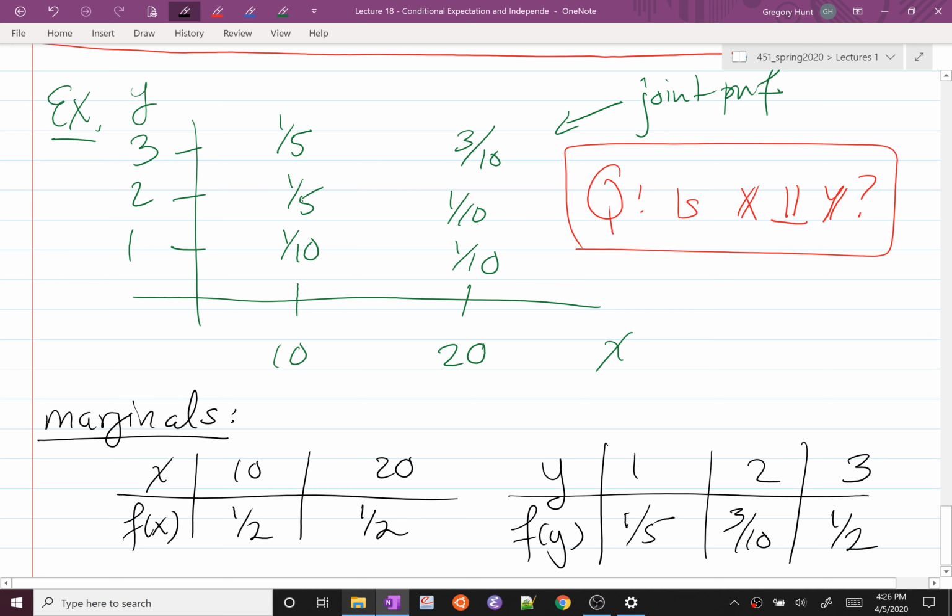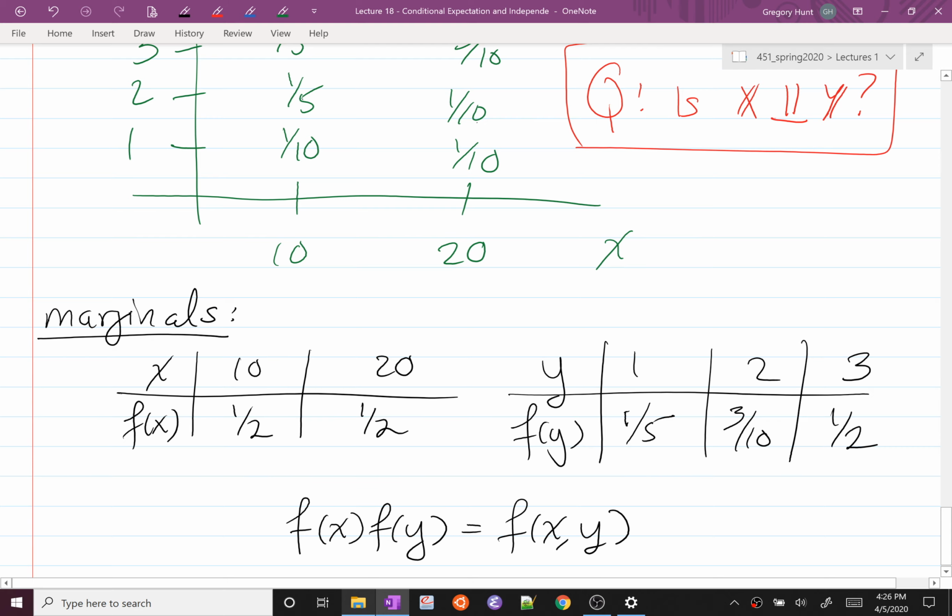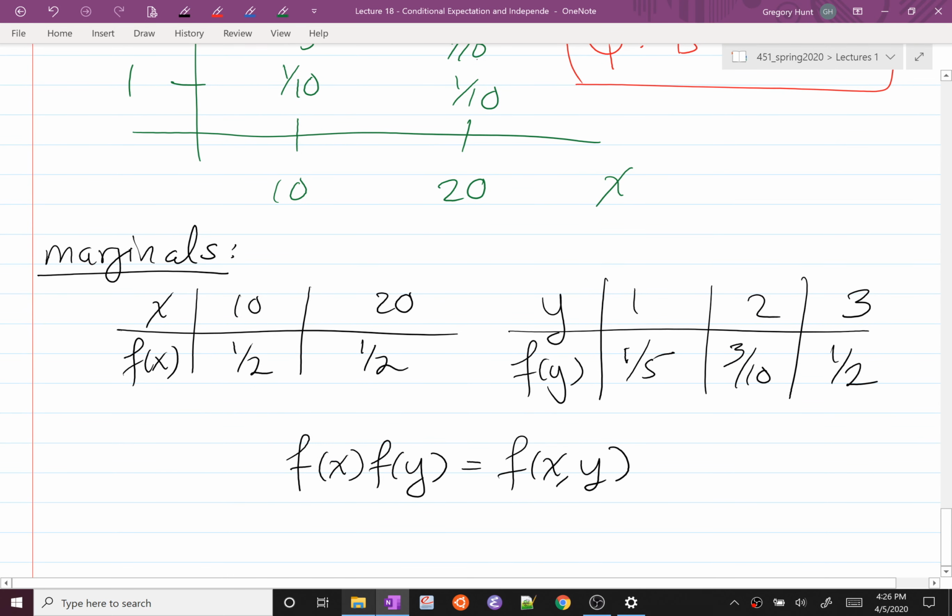And the question is, is it true that f(x) times f(y), the marginal for x times the marginal for y, for all possible values of x and y, is always equal to the joint distribution?